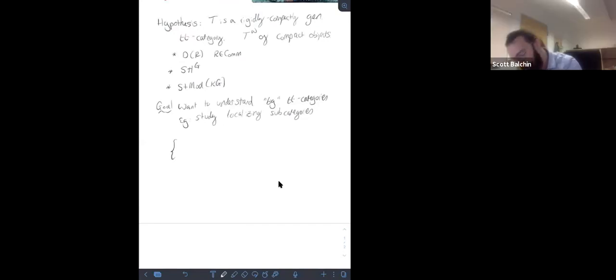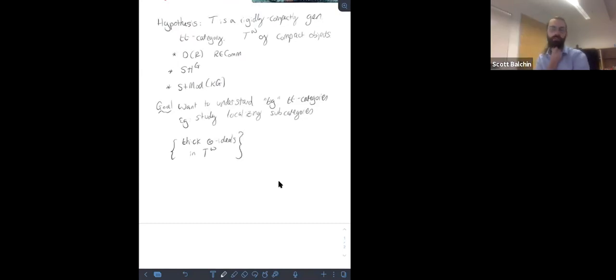So what's the first approximation we have of this? Well, one thing that's been studied extensively throughout the years is you look at the set of thick tensor ideals in this essentially small thing, T omega.